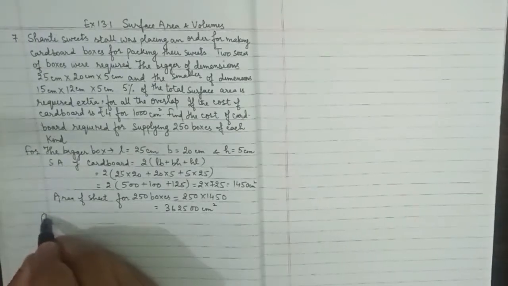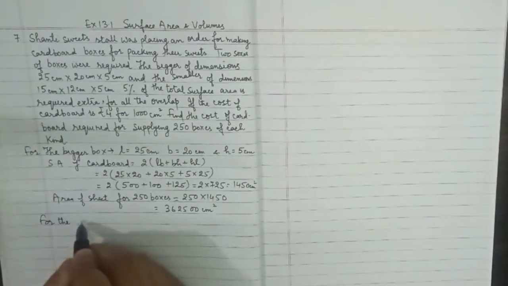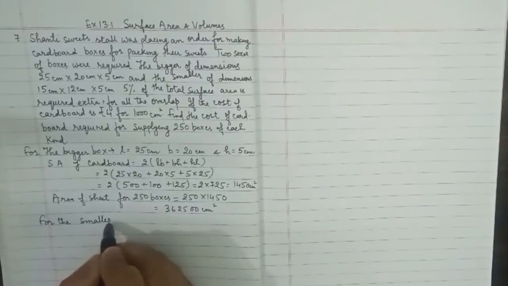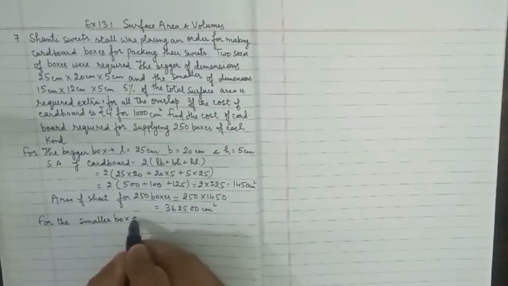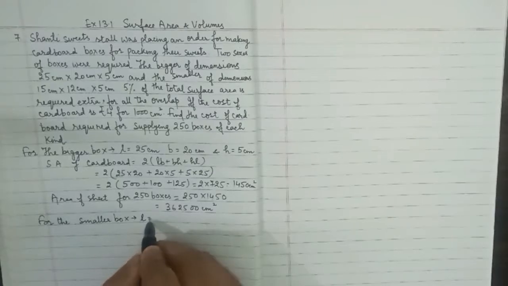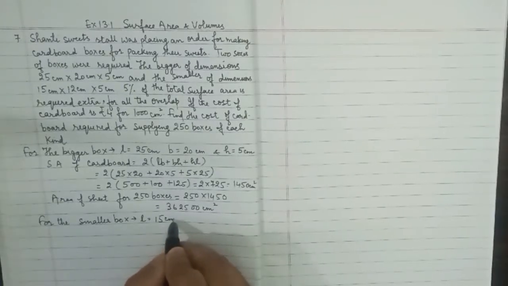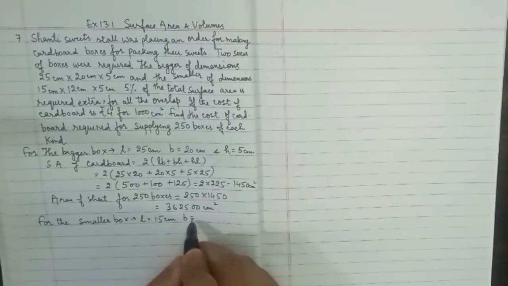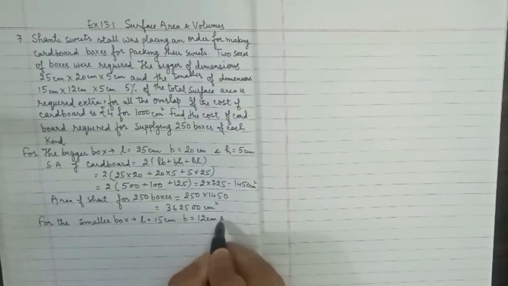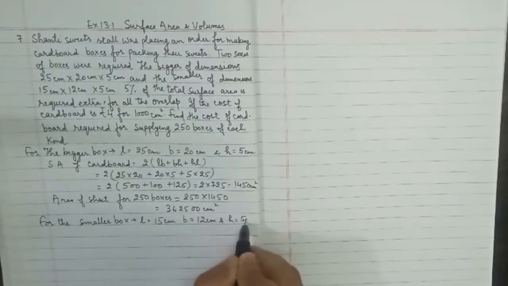Now, for the smaller box, dimensions are: length is equal to 15 centimeter, breadth is equal to 12 centimeter, and height is equal to 5 centimeter.